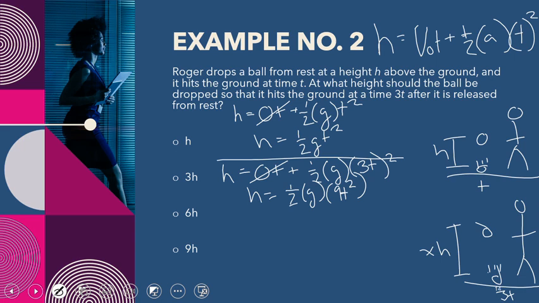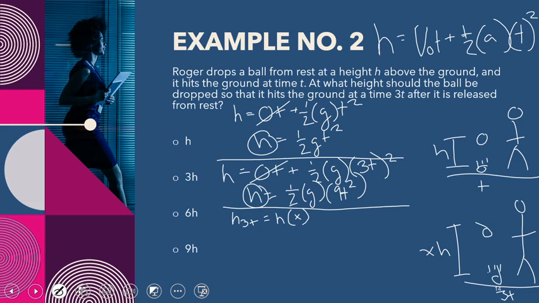So now what's left is to compare this original height with this height when the time to hit the ground is 3t. So we know that the height at 3t is equal to the original height times some number x.